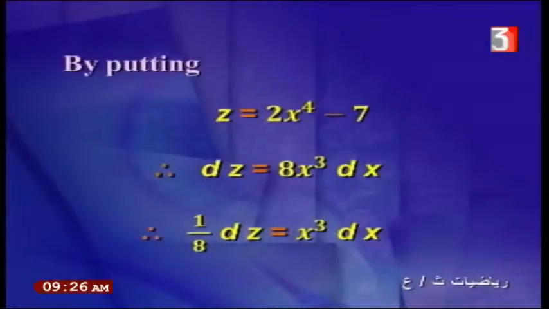Now we can substitute in the original function. Integration of x power 3 times 2x power 4 minus 7 all power 9 dx equals integration of 1 over 8 z power 9 dz, because 2x power 4 minus 7 equals z, and x power 3 dx equals 1 over 8 dz.